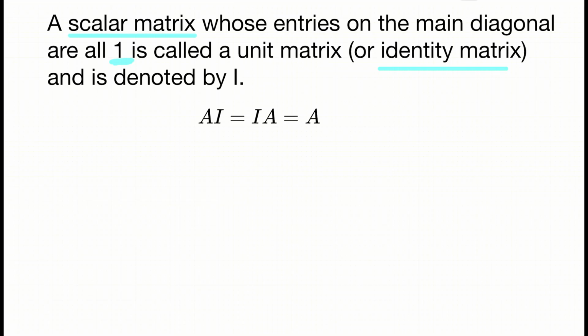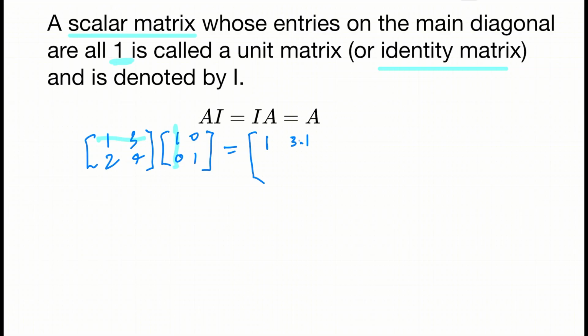All right, so let's look at the case of [[1, 3], [2, 4]]. There's our matrix A times the identity matrix of [[1, 0], [0, 1]]. Just as we said, it's 1s along the main diagonal, 0 everywhere else. Let's multiply that out. Going through our multiplication procedure, [1, 3] times [1, 0] is just going to give us a 1. And in this position over here, we've got [1, 3] times [0, 1], so that's going to be 3.